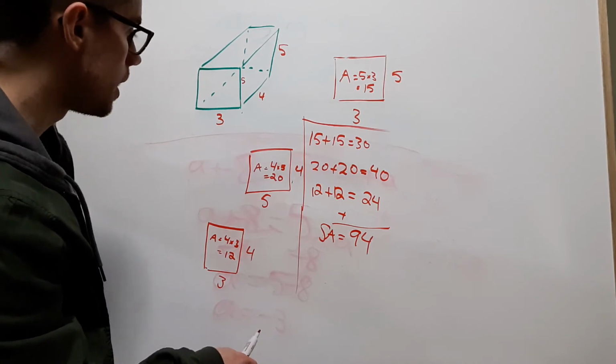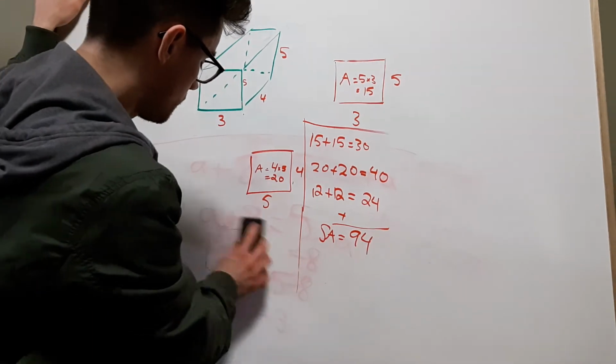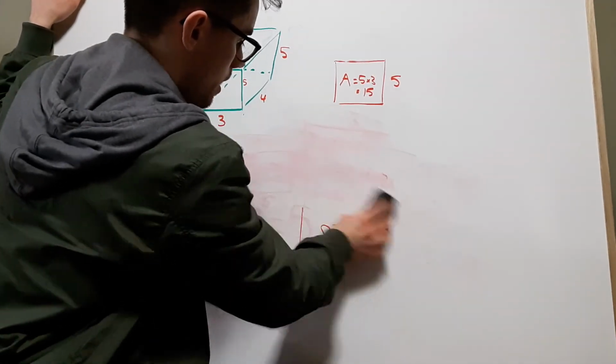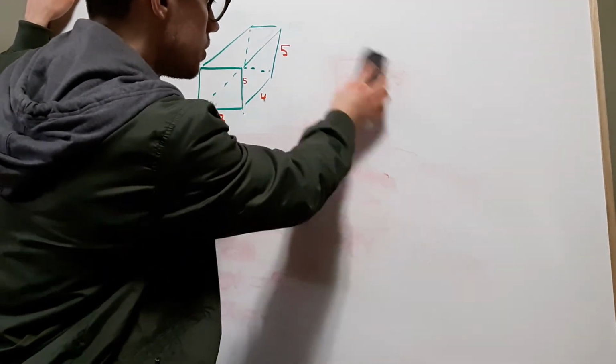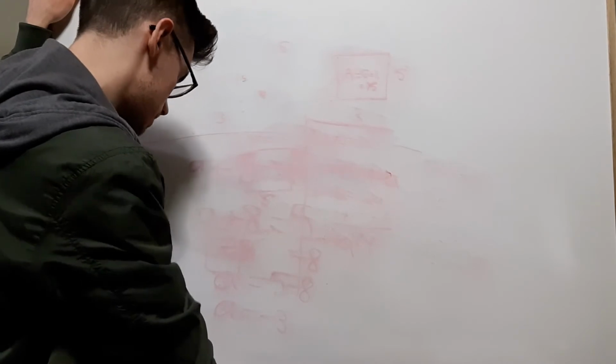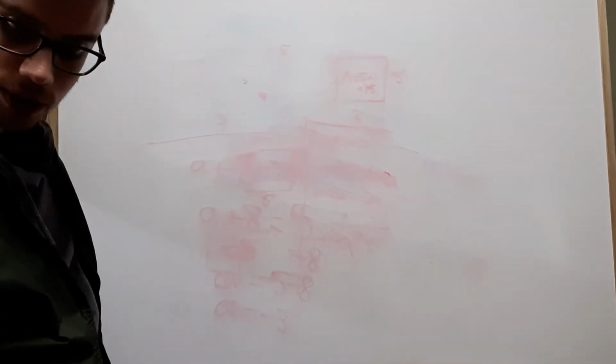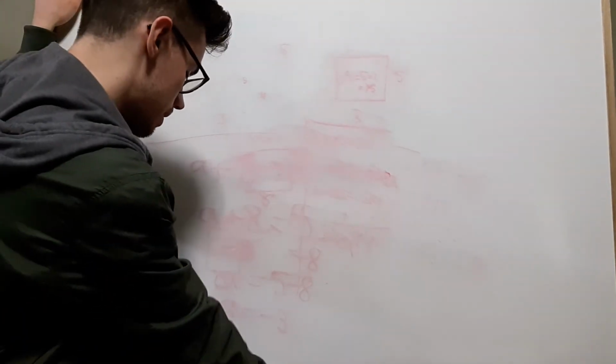I could have a different rectangular prism. And I'm going to need to erase this whiteboard soon with some solution. But for now, I'll do another one really quickly.